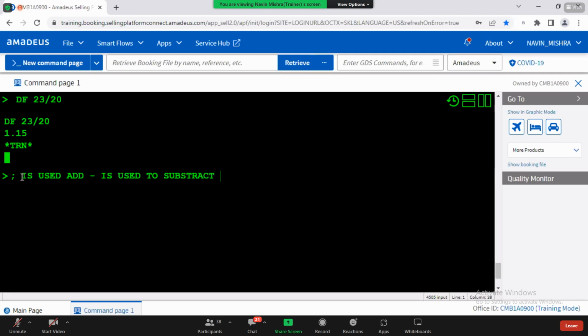Asterisk is used to multiply. And slash is used to divide. These are the different symbols which will be used between the two numbers, and the DF command will be constantly used. All right. Is that clear to everyone?